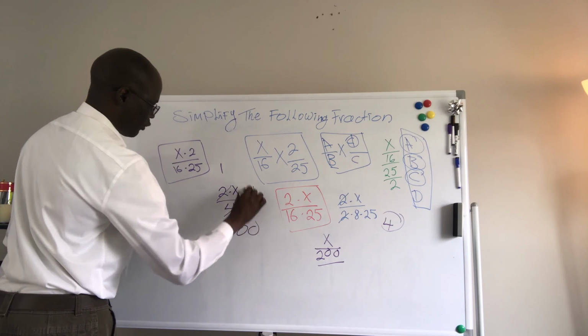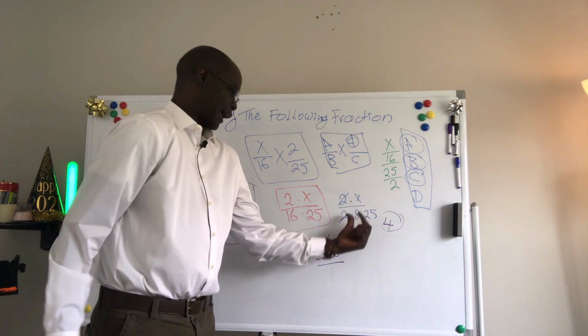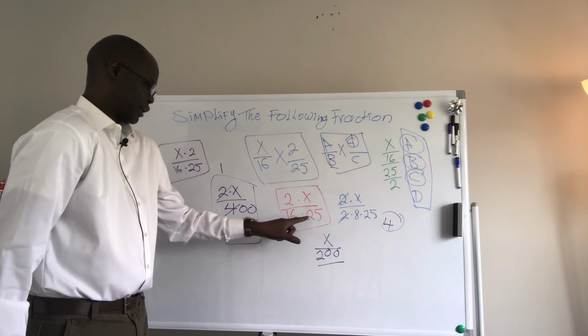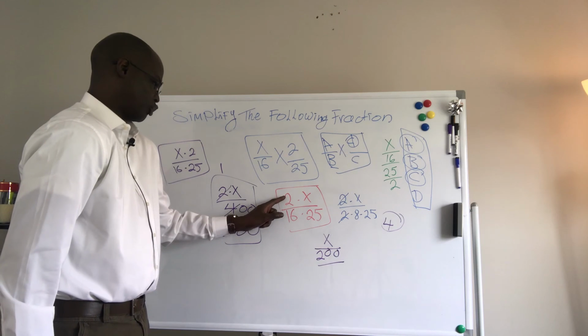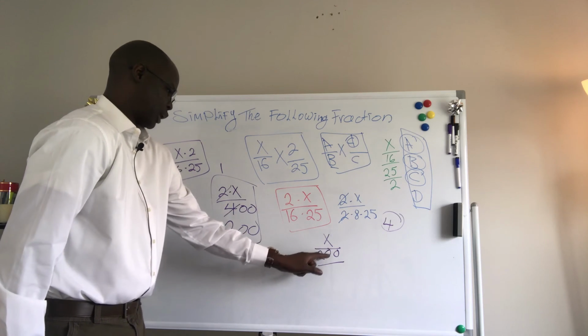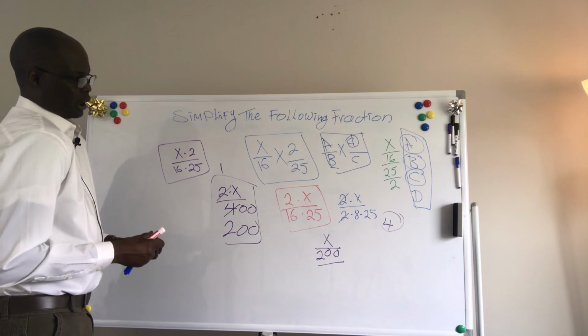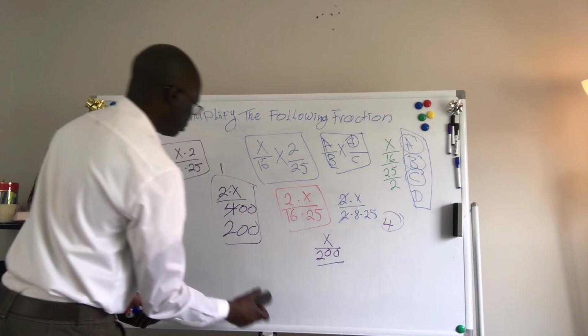You still get the same thing. So whatever you do, if you can simplify, it's the same thing, or you can multiply 16 times 25, you get 400, and then you divide 2x by 400, you get x over 200. It's the same thing. So whatever you do, at the end, you get the same answer.